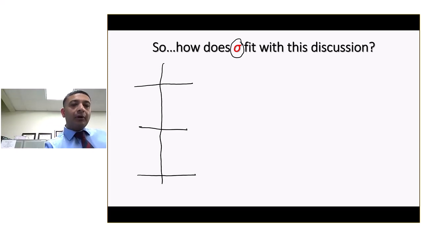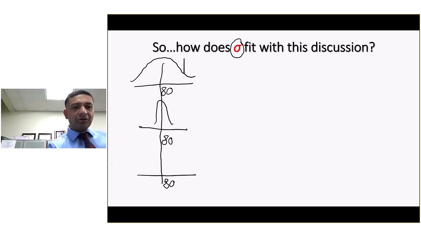Imagine the average grade in this class will be 80, and it is the same average in all these three scenarios. However, for the first scenario, my distribution is something like this. For the second scenario, my distribution is something like this. For the third scenario, my distribution is something like this.